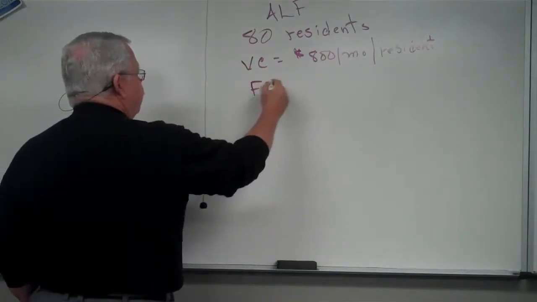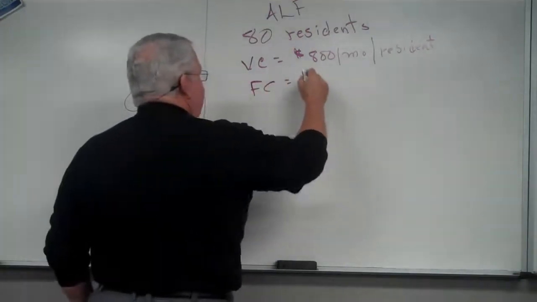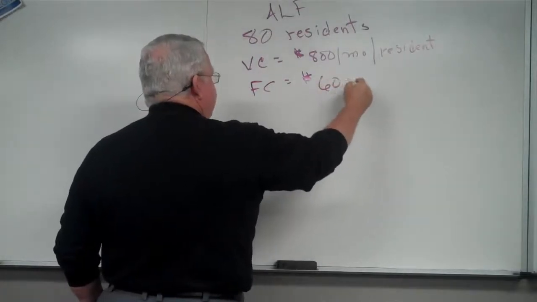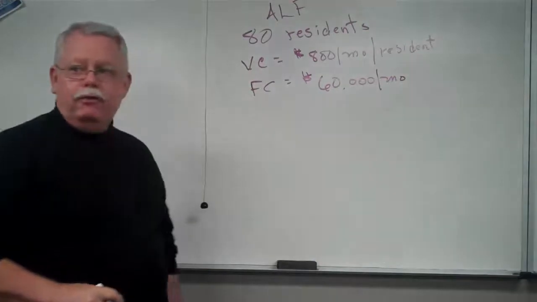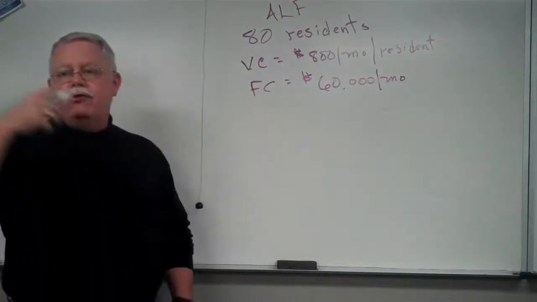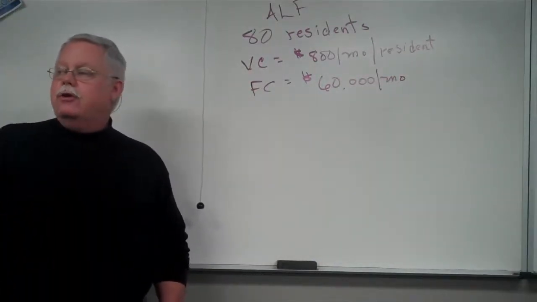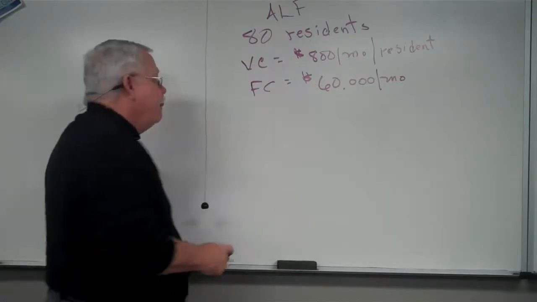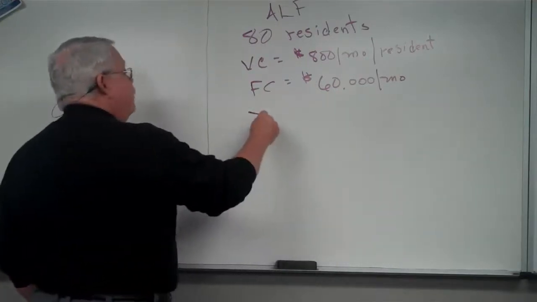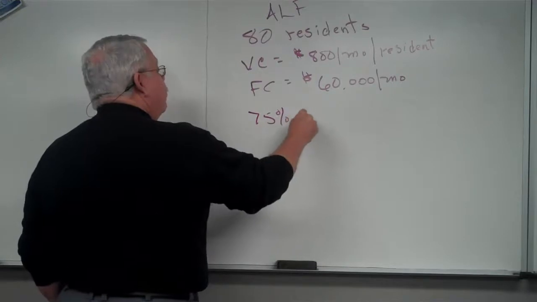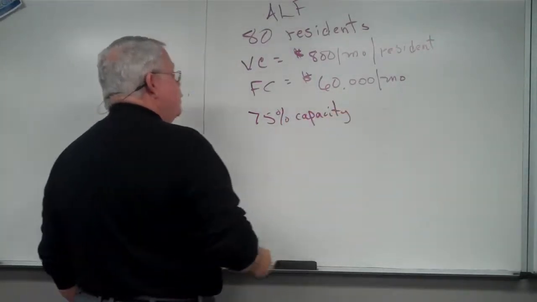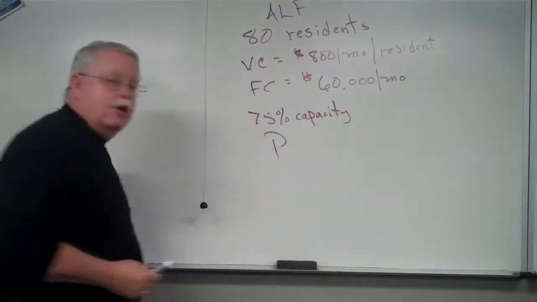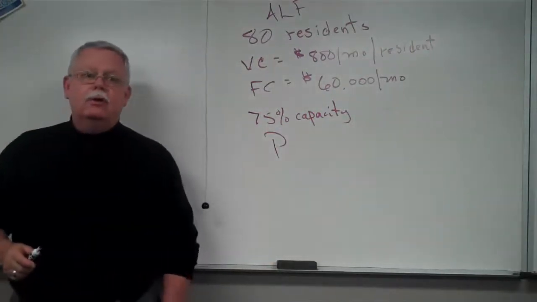Your fixed costs are $60,000 per month. That includes all of your employees, the meals that you provide for your residents, your utilities, your insurance, your executive salaries, etc. Assuming a 75% capacity or 75% fill rate on your rooms, what price do you need to charge per month per resident to break even?